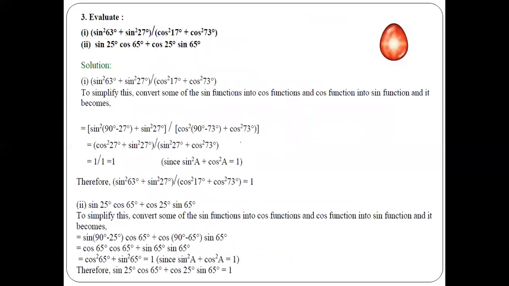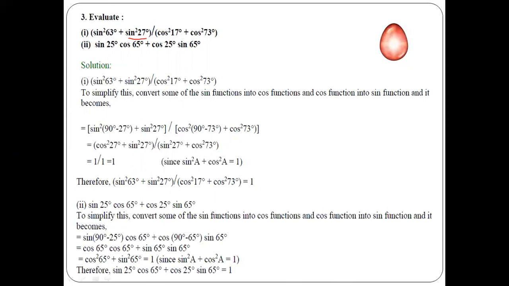So moving on to the third question. Evaluate sine square 63 plus sine square 27 by cos square 17 plus cos square 73. So change this sine square 27 into cos square 63. How?